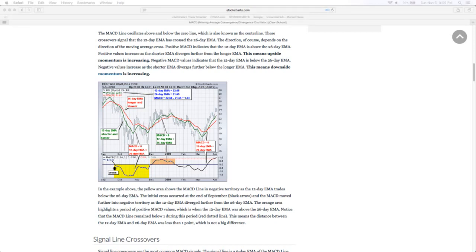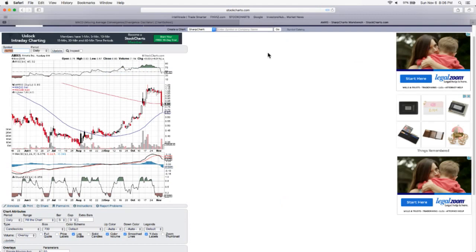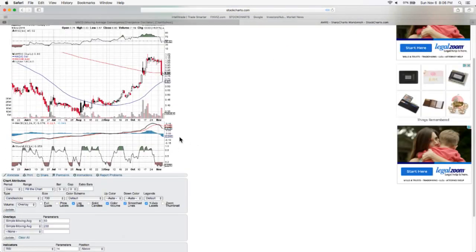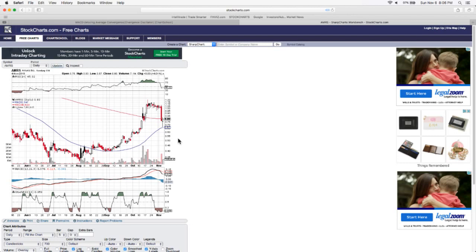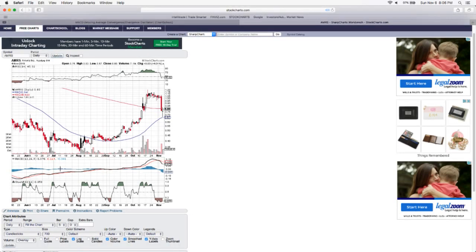So with the MACD, basically what you look for is, let me bring this over. Here's your MACD down here, and the red line is the MACD, and what you're looking for is the black line to cross.